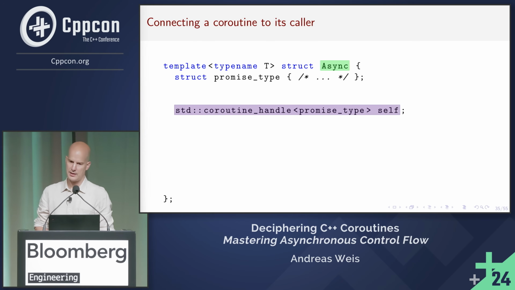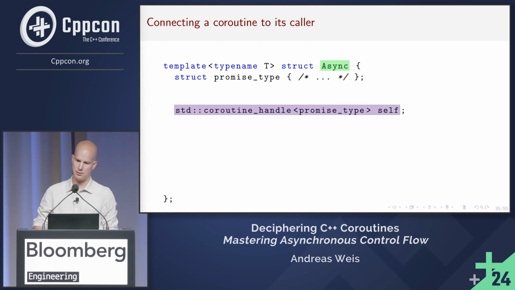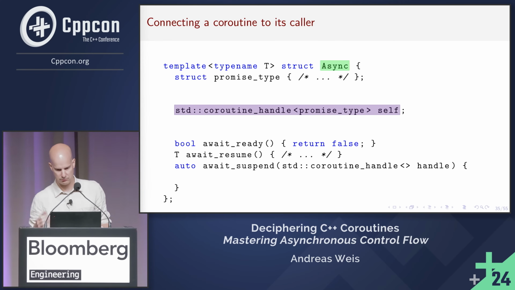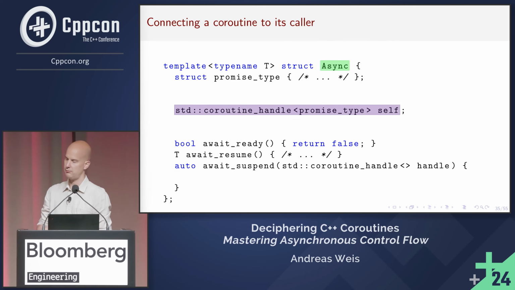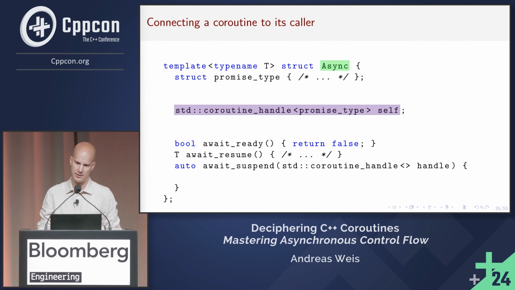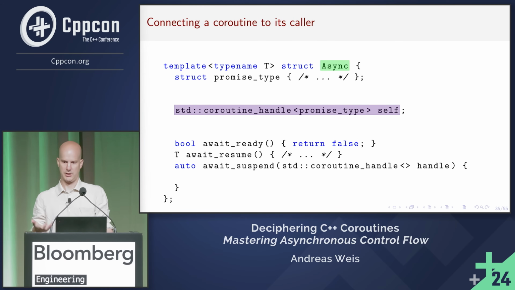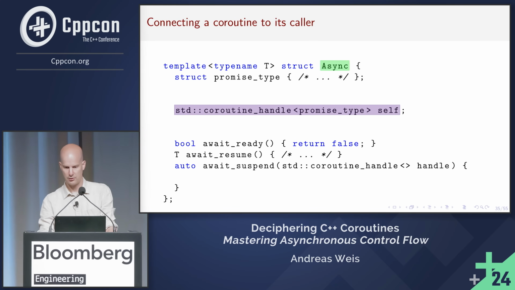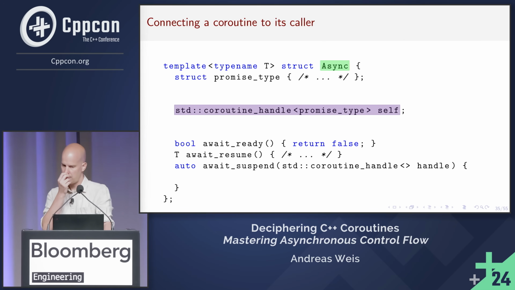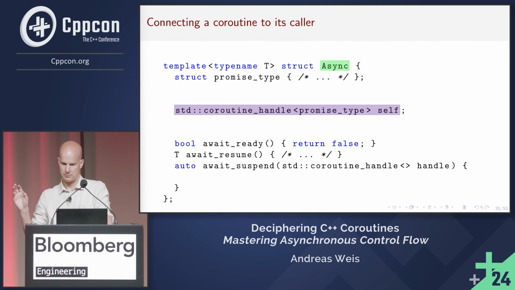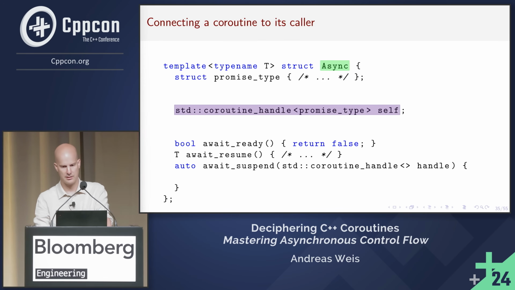But now what happens in the other role? What happens in the role of the awaitable? To make the async object an awaitable, we have to implement these three functions. So await ready is, in our case, always false. We're not looking at await resume yet, but when we get to the await suspend, we notice something interesting. There is again a handle here that's passed as a parameter.